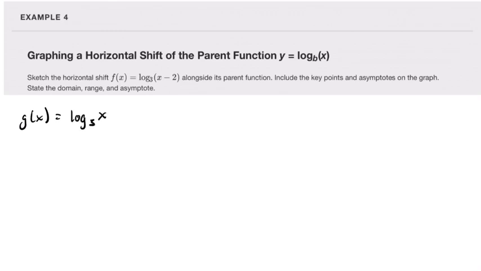And we're going to let f of x, which is given, be log base 3 of x minus 2. So what I'm going to do is rewrite the first one as an exponential. My base of my log swings to the other side. I'm going to write it as 3 to the power of y equals x.